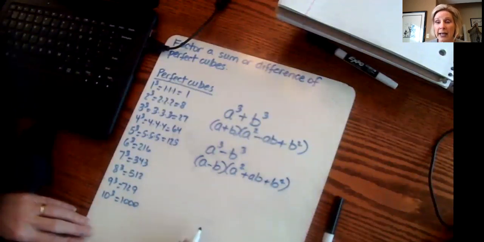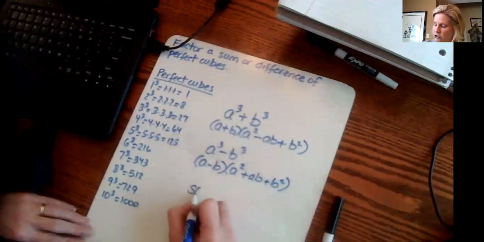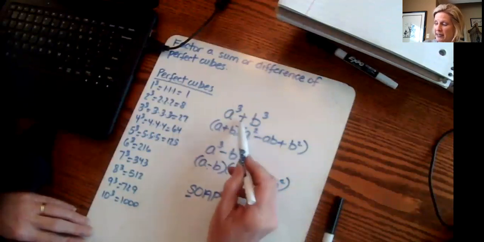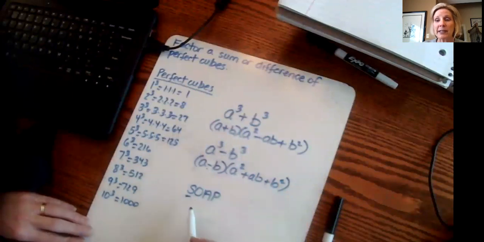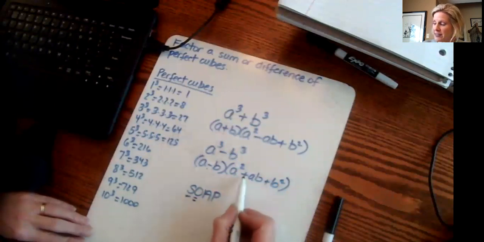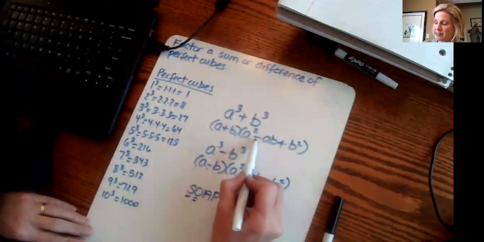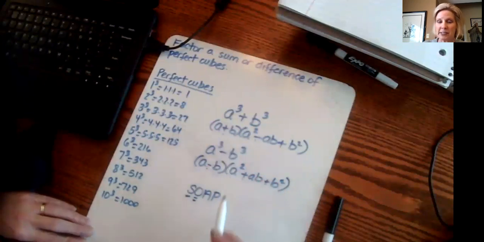So the sign pattern is SOAP. S stands for same. The first sign is the same as in the original problem. O stands for opposite. The second sign is opposite the first.